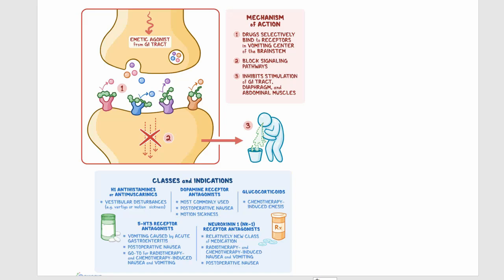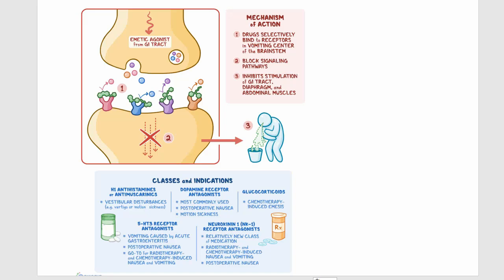It blocks these receptors, which results in increased motility of the stomach and intestines, and that helps to decrease nausea and vomiting. It's usually used for conditions such as renal failure and Parkinson's disease, because it's a dopamine receptor antagonist, given the way it interplays. It is also what's usually used if the cause of your nausea and vomiting isn't known. You'll normally go to domperidone.